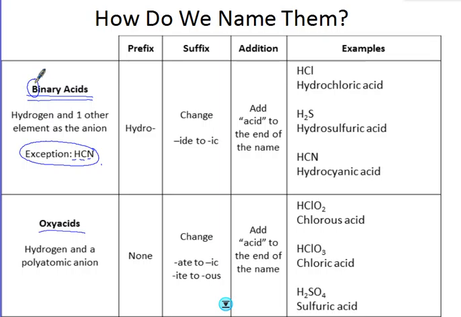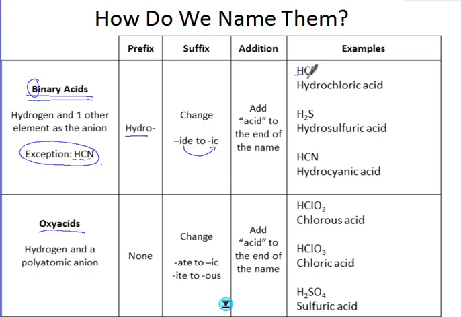Let's walk through our rules. For binary acids, you give them a hydro prefix. For the suffix, because it's a binary compound, it's going to end in "ide." You change that "ide" to "ic." So "ide" goes to "ic." And then you put acid at the end of it. So for example, hydrochloric.